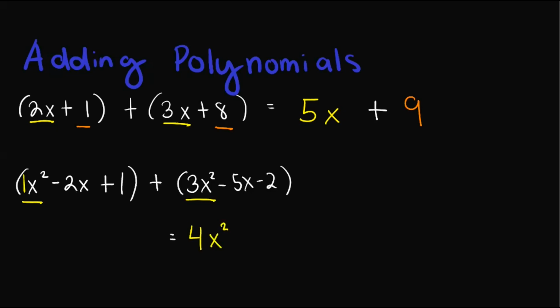How about for the next one? We have -2x and -5x since they both have the same variable. So adding the coefficients, -2 minus 5 would give us -7x.